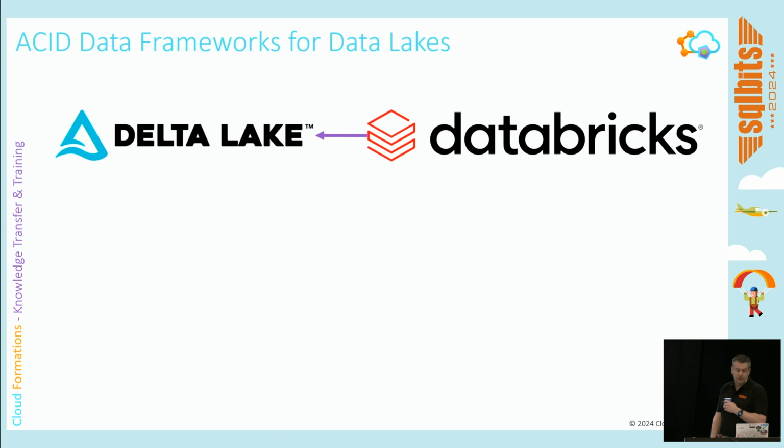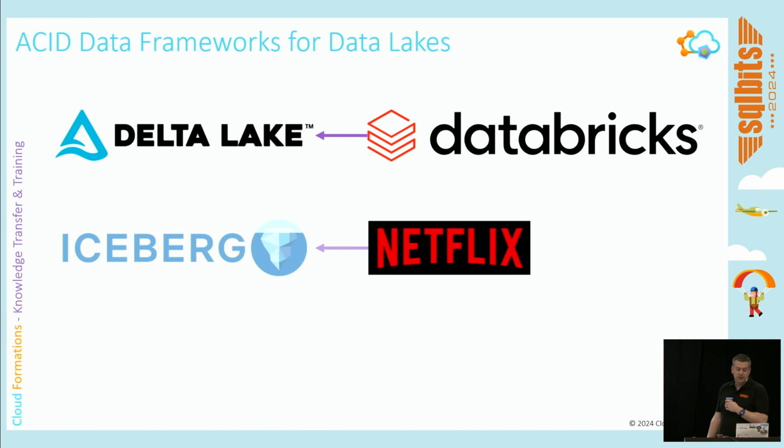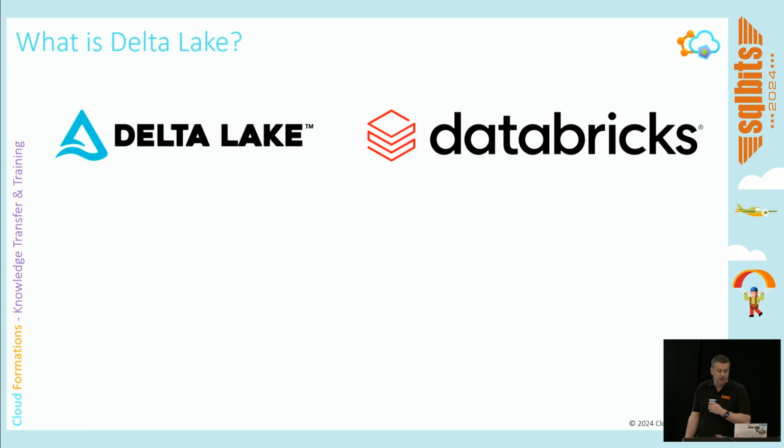Databricks gave us Delta Lake. Netflix gave us Iceberg. Uber gave us Apache Hudi, or Hudi. I didn't work for Netflix or Uber, so in February of 2019, this was great. This was exactly what we needed.